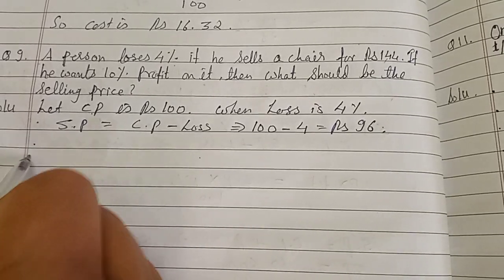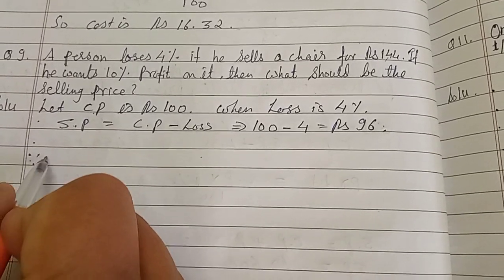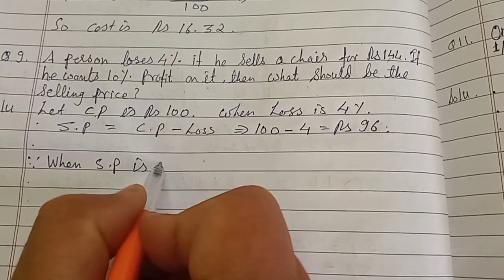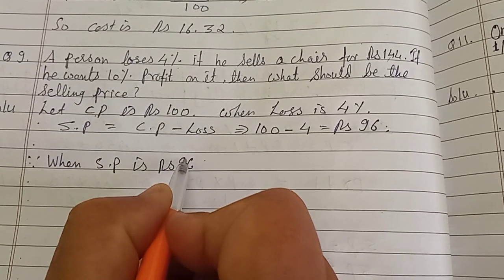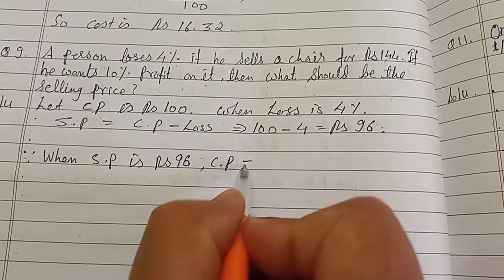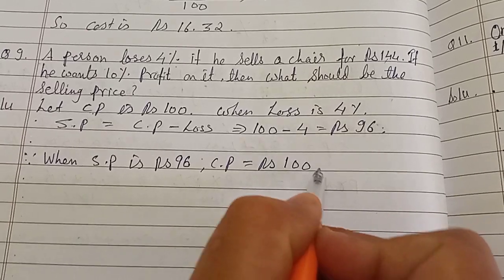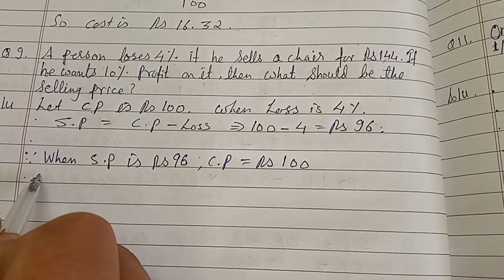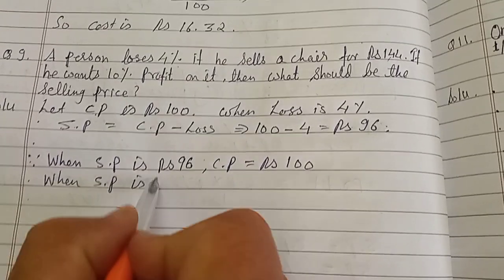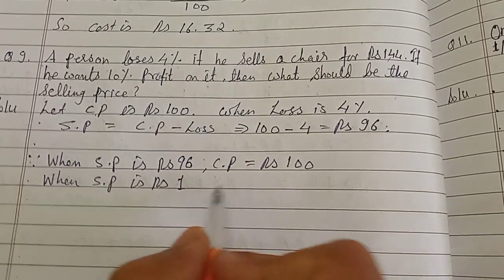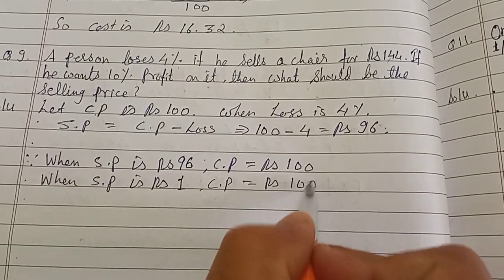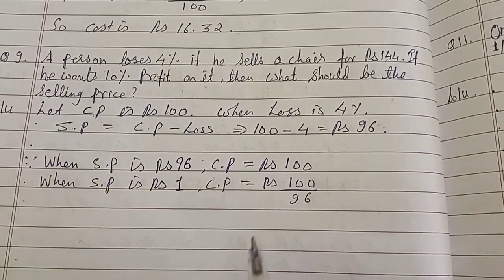Now see carefully. When selling price is rupees 96, cost price is how much rupees? 100. Unitary method: when selling price is rupees 1, cost price equals rupees 100 upon 96.